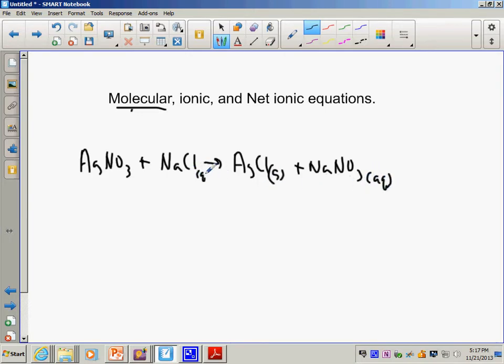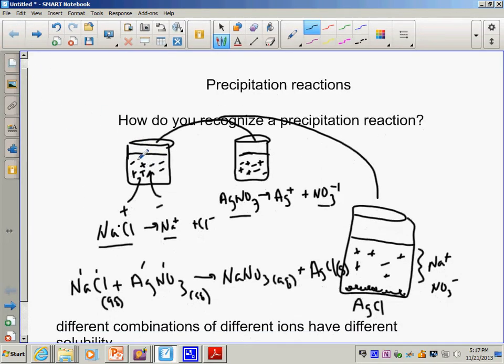Even though we're writing them on paper, AQ and AQ, together, in reality, in the jar, they're separate. They break, cation, anion, cation, anion, and they separate. The only one that's not separate here, even though we have a cation and anion, is this guy, which formed a solid. On my previous first slide, you will find that I wrote all of these separated, but there's my silver chloride.